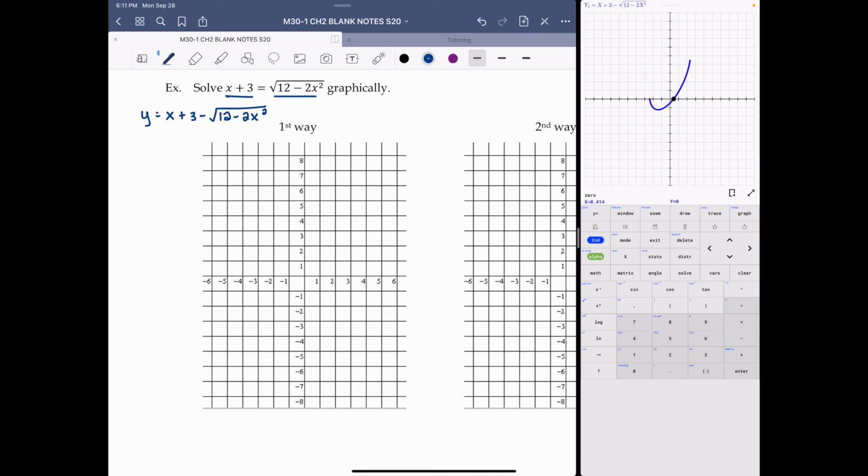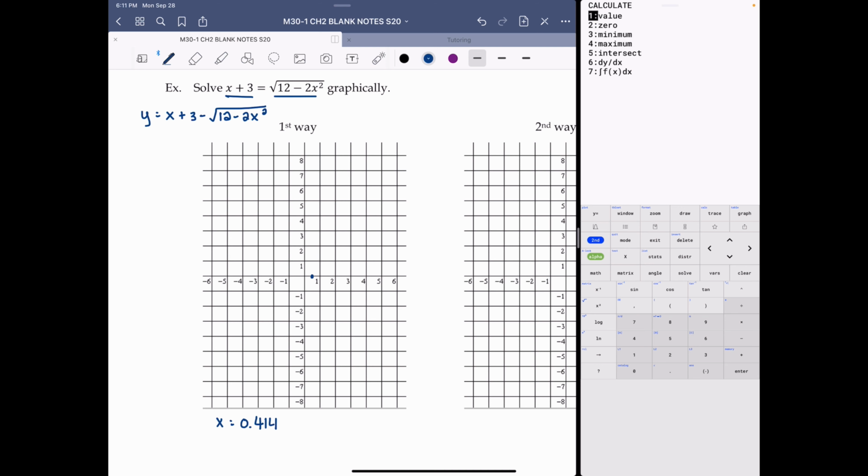So I can graph this as well, so about 0.5 for graphing purposes.